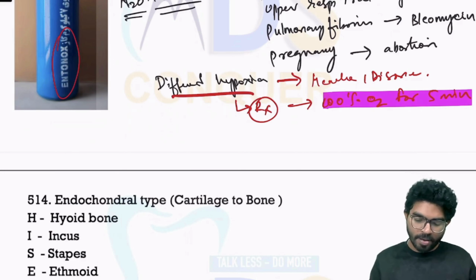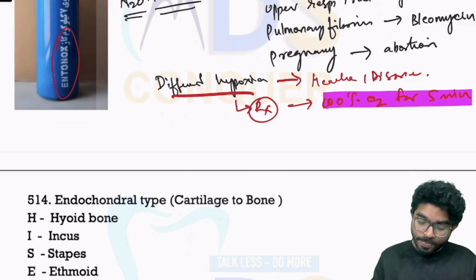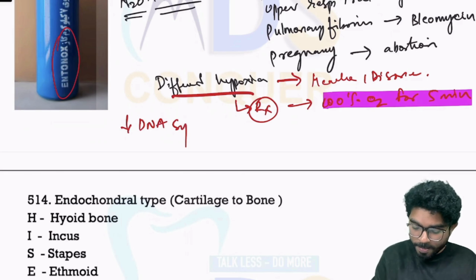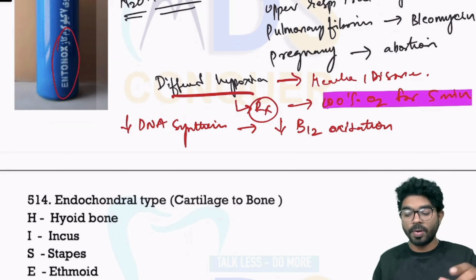Apart from this, one more important point that we need to make a note of, which is given in your textbook, is that nitrous oxide is going to decrease DNA synthesis. How is it going to decrease the synthesis? Because nitrous oxide is going to act on vitamin B12 oxidation, and it's going to decrease the synthesis.